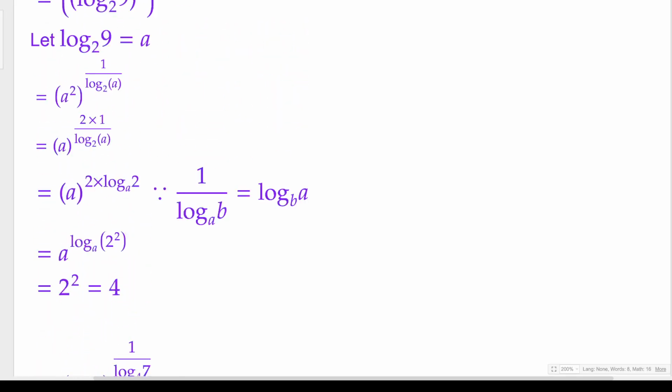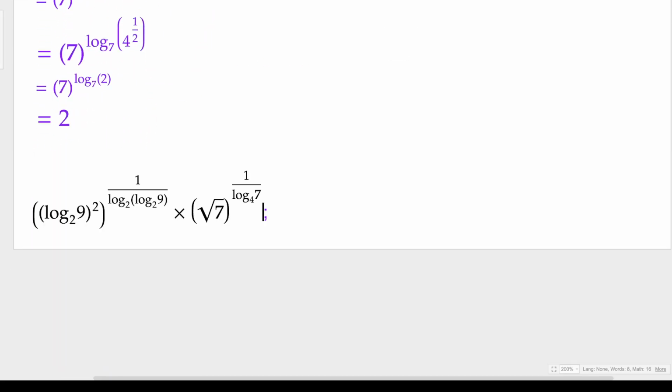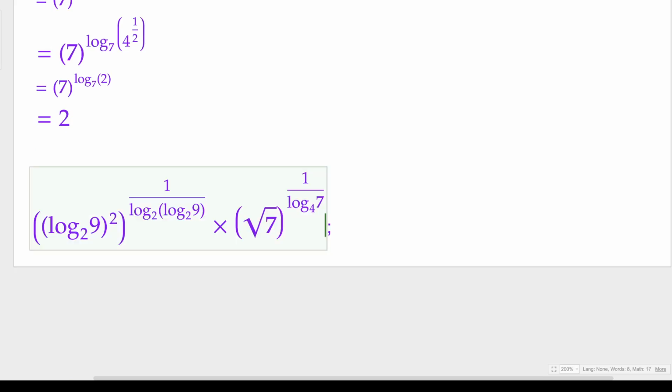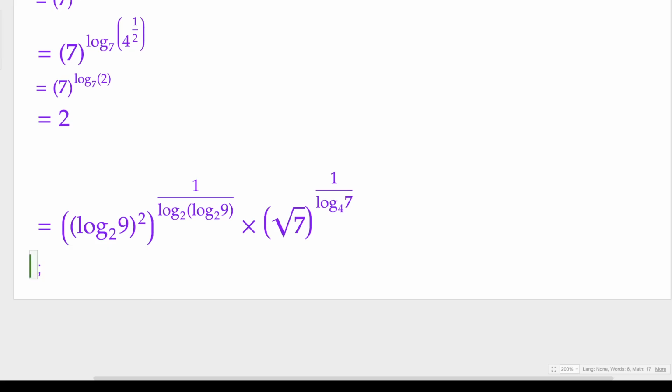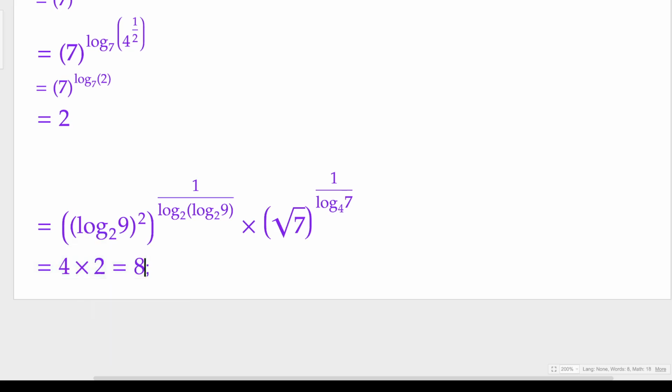Now we have 2 and 4 as the simplified expression. So the first value is 4 and the second factor is 2, and 4 times 2 is 8, so 8 is the answer to this particular problem.